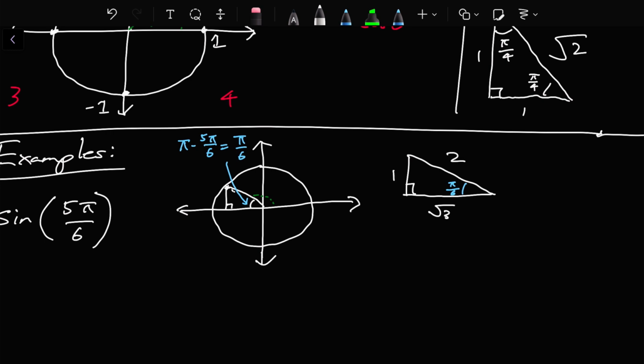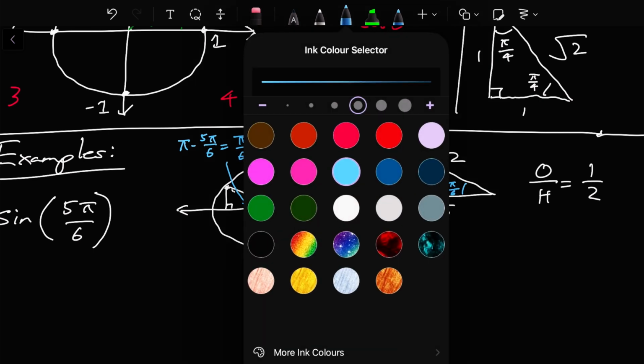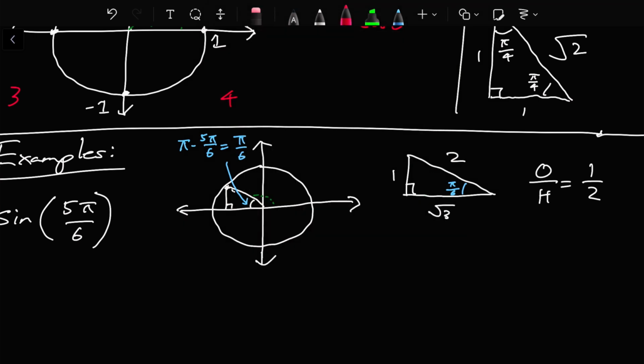We want the sine, so we want the opposite over the hypotenuse, which is 1 over 2. But now the question we need to ask ourselves is, maybe we'll write this question here just to make it explicit, and then from now on I'll just say it after this question.